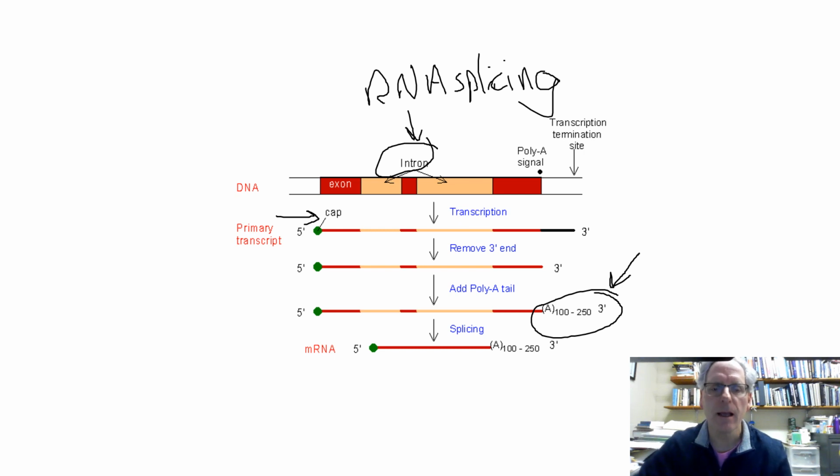RNA splicing allows you to make multiple protein coding regions from the same coding region. By making one nascent RNA, you can splice it differentially and get lots of potential proteins out of it. That way the cell can make a lot from a little bit of the genome. Very efficient use of the genome.